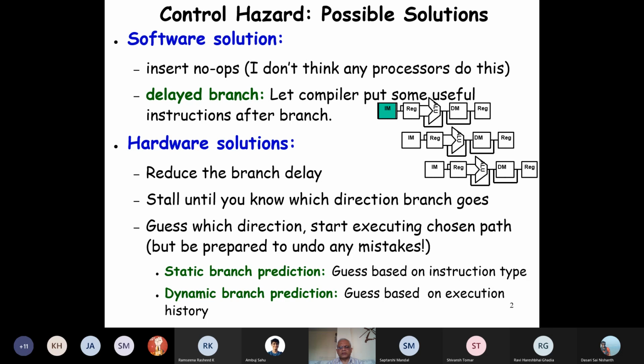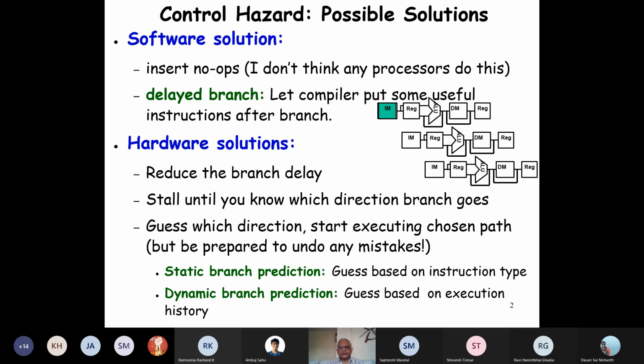Another is to stall until the branch direction is known. And the third one, which has become extremely popular, is the predictor based. We have a simple hardware which guesses the path of the execution. Over the years it has become sophisticated, and we are able to predict with almost 100% accuracy.